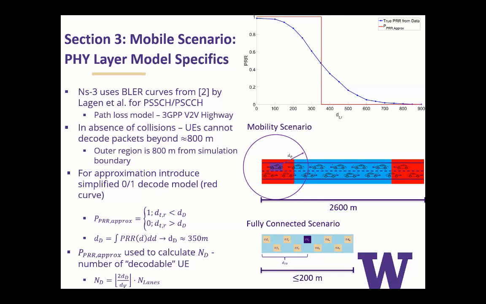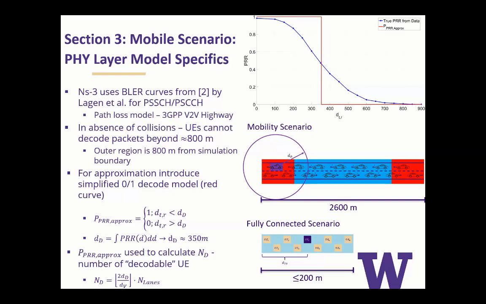DD is then the average distance of decoded packets, and based on our curve of PRR, it's approximately 350 meters. Just to make really clear, this is not something that's in the simulation. This is really just for this math to understand the bounds of these variables and what they mean.